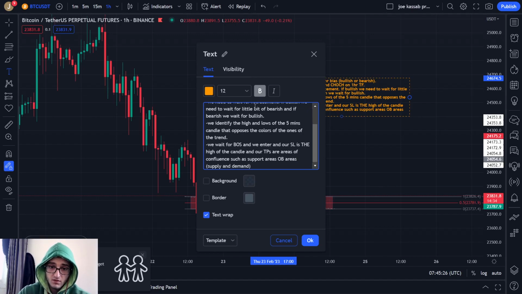Okay, here support and resistance areas.